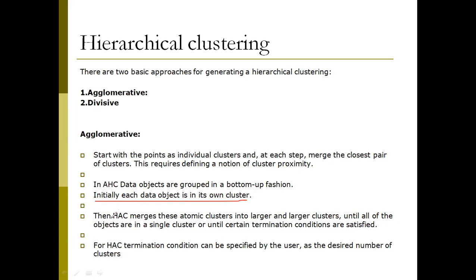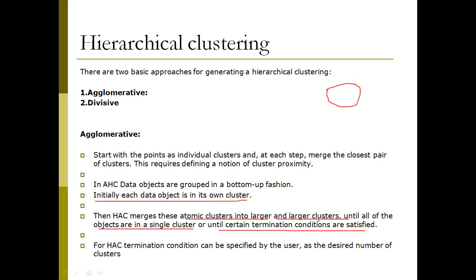Then agglomerative hierarchical clustering merges these atomic clusters into larger and larger clusters until all of the objects are in a single cluster, or until a certain termination condition is satisfied. What is the termination condition? You need to merge the clusters until you get all the data points under a single cluster.